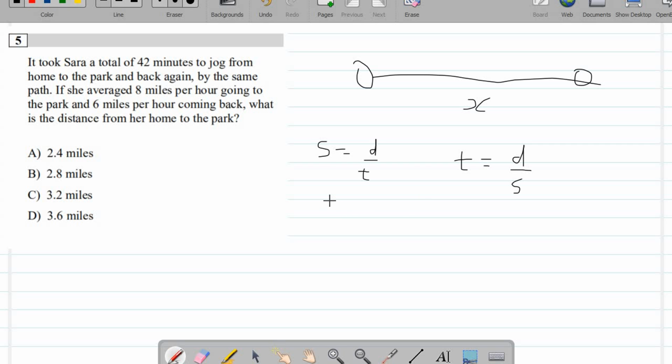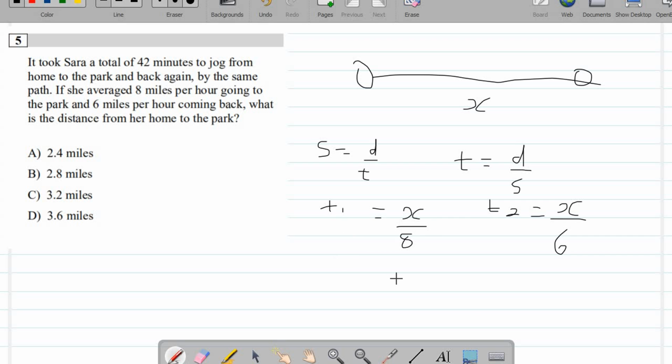We have the first time she used to get to the park, T1, covering a distance of x over the speed she used, which is 8 miles per hour. Now we also have a second time T2 that she will use to come back. She's covering the same distance, but this time over 6 because of the speed.